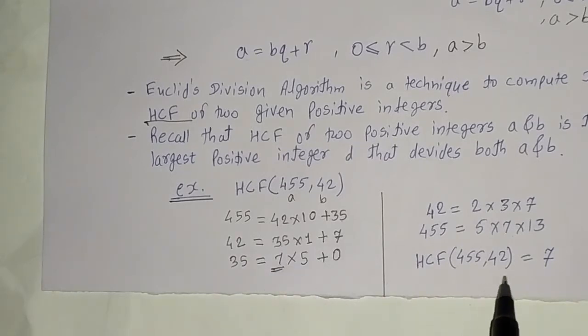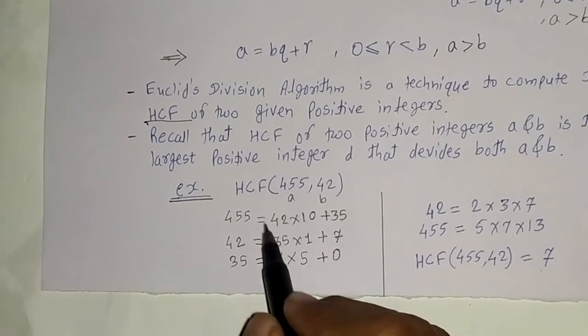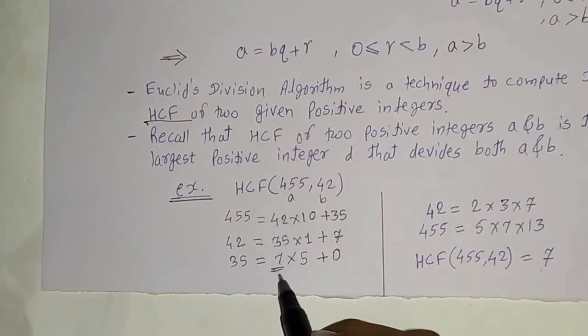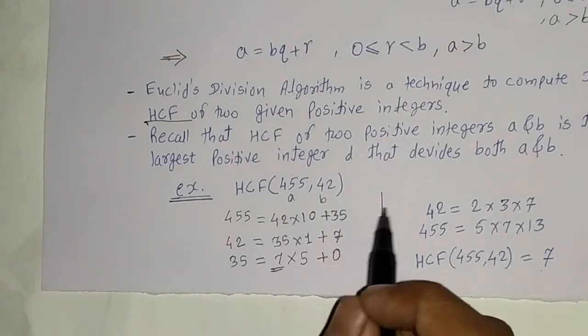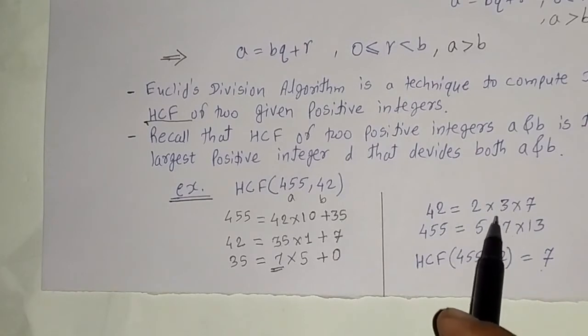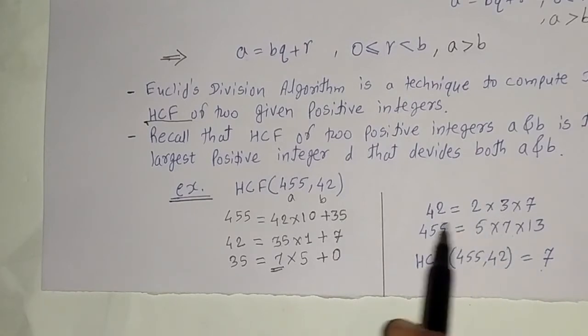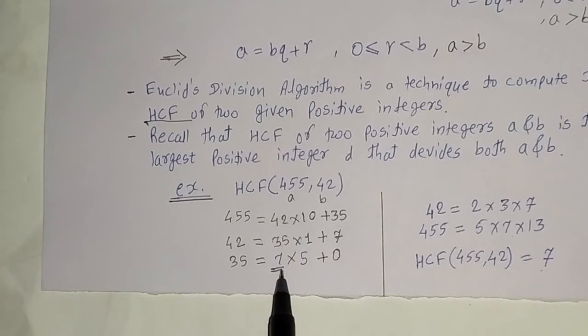See here, by prime factorization method you have obtained the HCF as 7. Here we have applied Euclid's division lemma to find the HCF. In this method you don't have to do the prime factorization. You can directly apply the theorem and get the HCF.